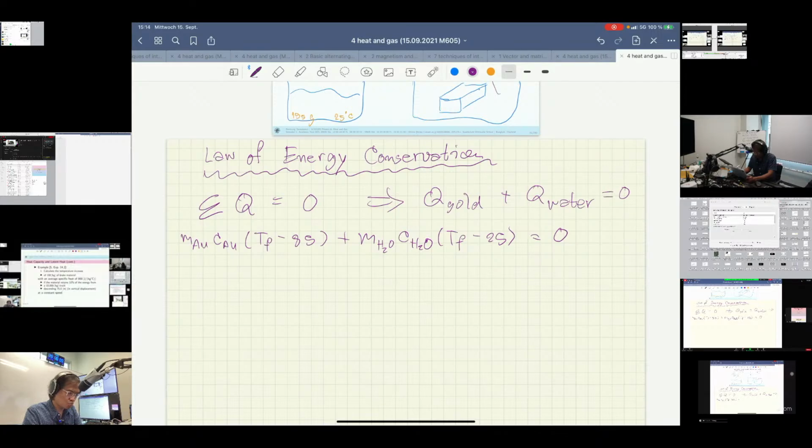And yeah, it's going to be M AU C AU TF, plus MH2O CH2O TF, minus MAU CAU and 85, minus MH2O CH2O and 25, and yeah, equals 0.